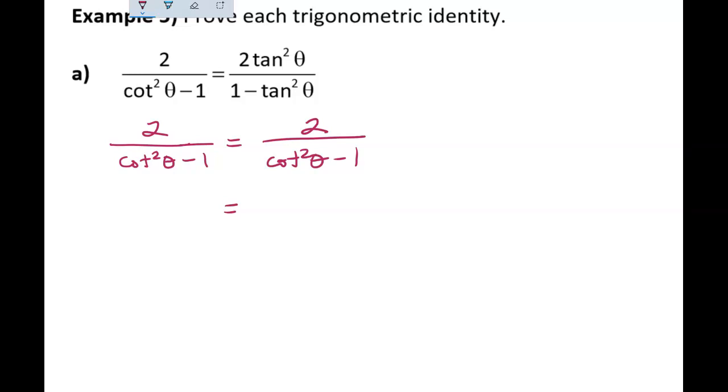Now, I know that I said that square trig functions might signal the Pythagorean identity, however, this identity has a target of changing that cotangent into tangent. And the relationship between cotangent and tangent is a reciprocal relationship. So let's change that cotangent squared into 1 over the tangent squared.